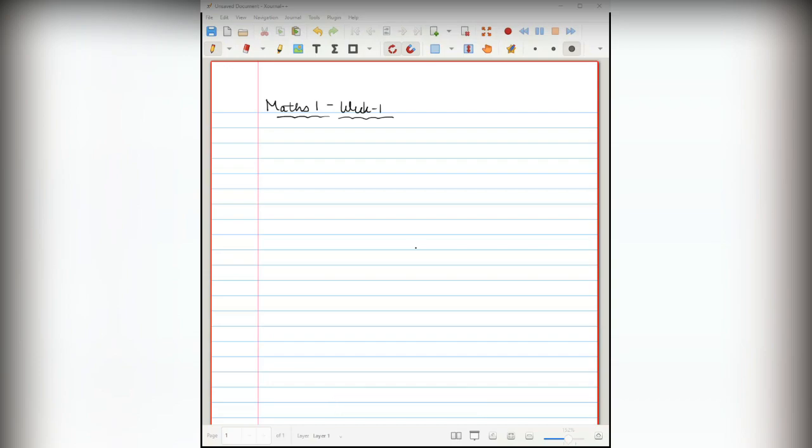So the first lecture, lecture 1, is about the natural numbers and some operations. Okay, so natural numbers, so basically what are numbers actually for?